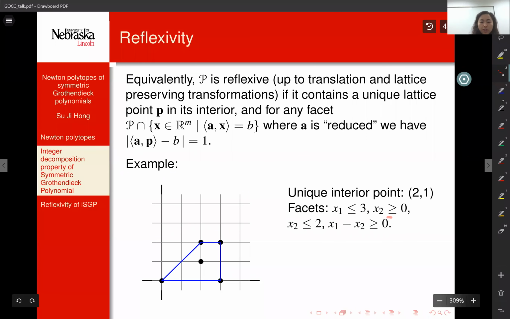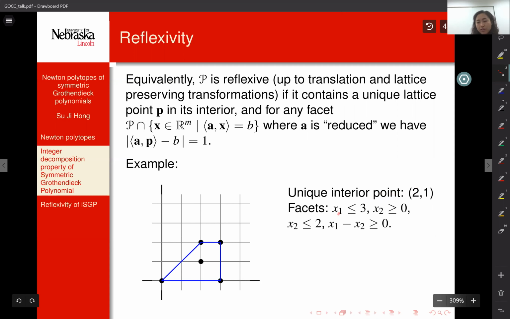x2 has to be greater than or equal to 0. And so here, this is what we mean by A being reduced. There can be any coefficient in front of x2 here, but we pick the one that is smallest. And then x2 has to be less than 2, and that corresponds to this one. We plug this unique interior point into each of these inequalities.